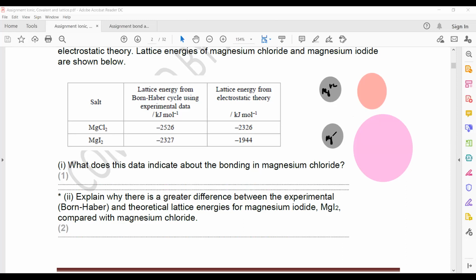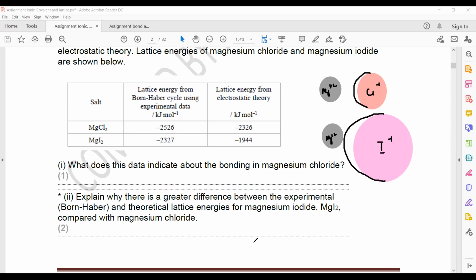So the magnesium ion is the same in both cases, but the chloride ion is smaller in size, and the iodide ion is larger in size. So which one will have greater distortion? Iodine is larger in size, so it is not able to hold its electron easily, so its electron is shifted more towards magnesium. Chloride is smaller in size, so there is less distortion, because its electron is still attracted by the nucleus of chloride.